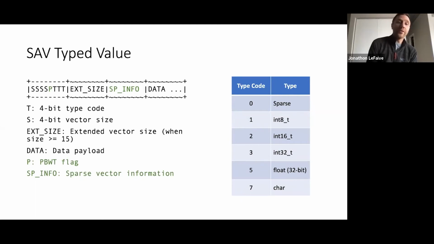So what we've done with version 2 of SAV is utilize some of this unused bit space to allow for a new sparse vector encoding, as well as a flag for PBWT. Certain vectors can either have this flag on or off to determine whether or not the transform is applied.